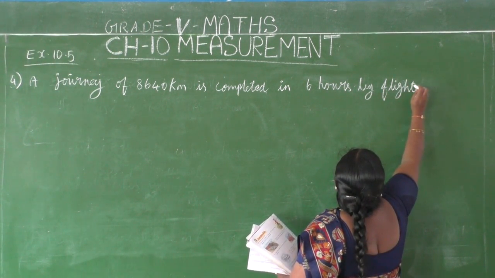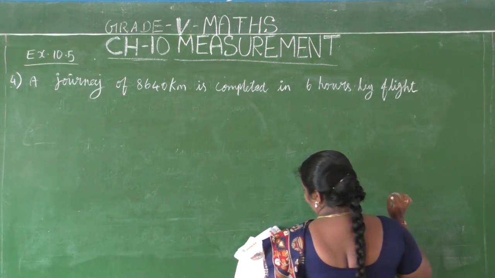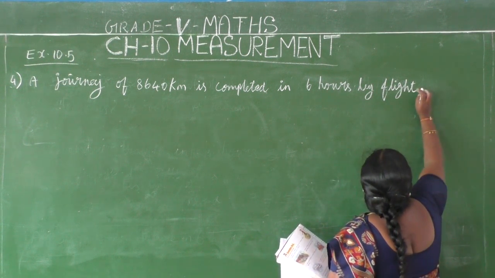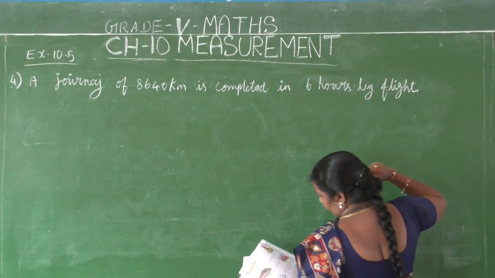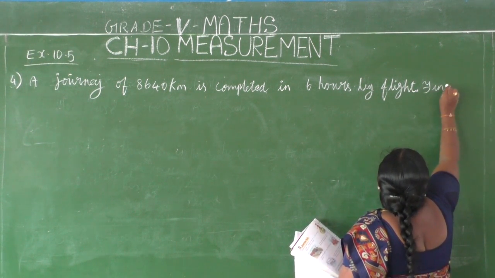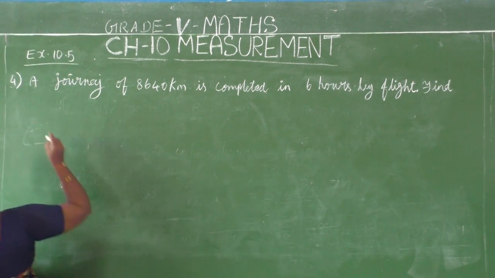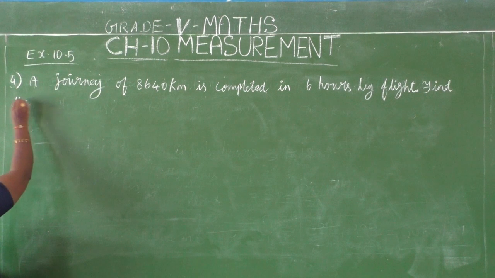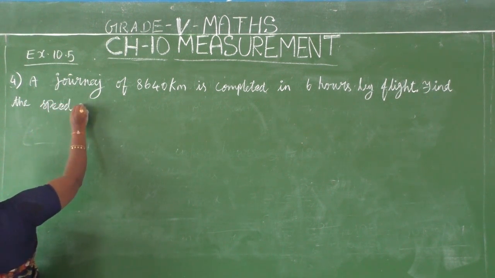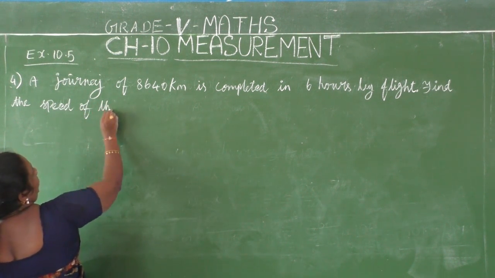Different vehicles they are giving: bus, then walking, then train. Now they gave flight. Okay. Find the speed of the plane.